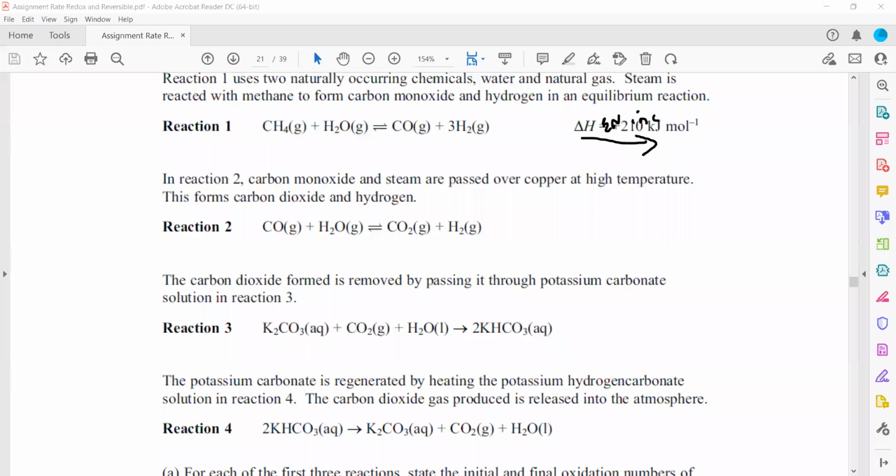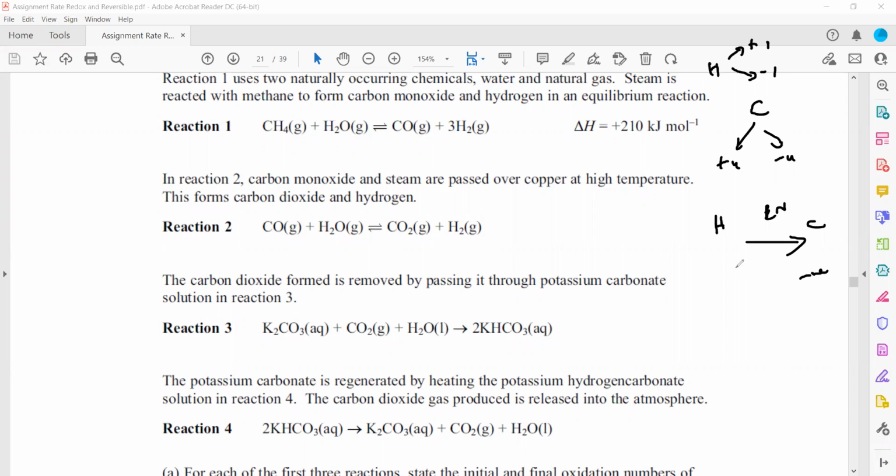So the non-metal on the right hand side should have a negative oxidation state, and the non-metal on the left hand side should have a positive oxidation state. Carbon belongs to group 4, so it can be plus 4 or minus 4. Hydrogen can be plus 1 or minus 1. But how do we know whether to take positive or negative? On the left hand side they are less electronegative, on the right hand side they are more electronegative. So the one on the right hand side you should use as negative.